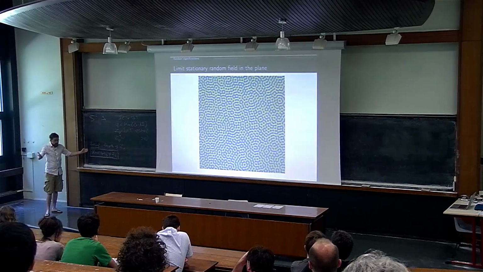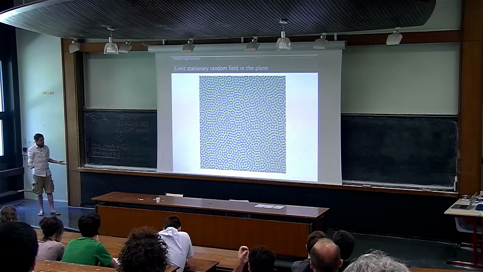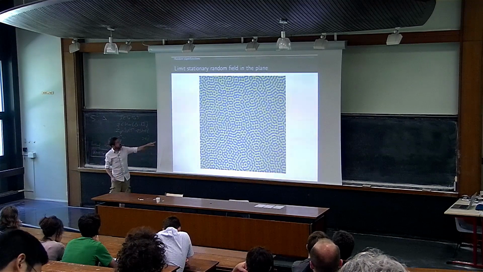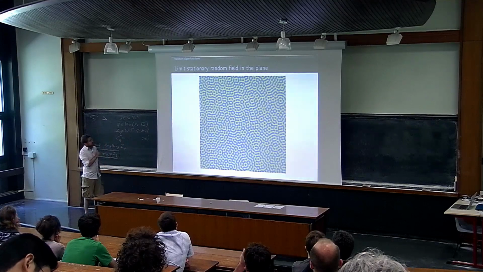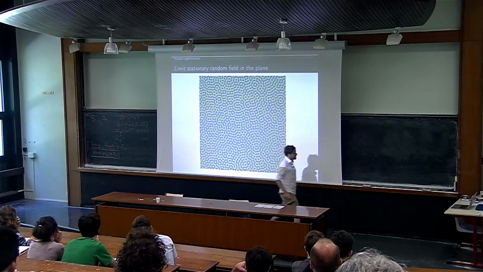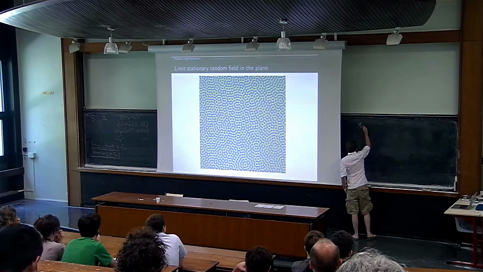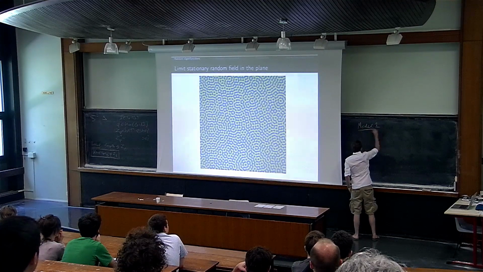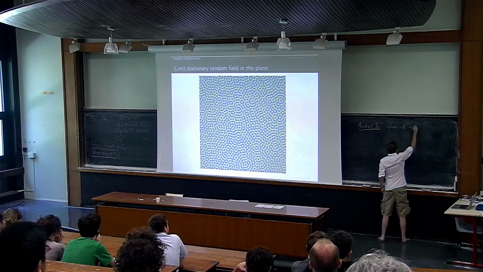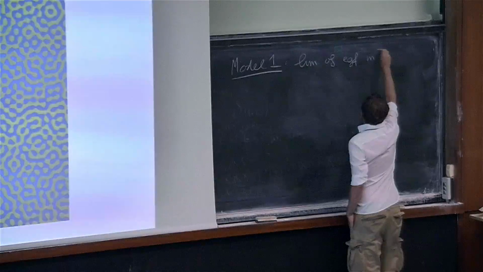And if you rescale, you find something asymptotically that is a Gaussian field in the plane, defined in the full plane, and with explicit correlation kernel. So this is the model number 1. That's the limit of eigenfunction in, say, the torus.